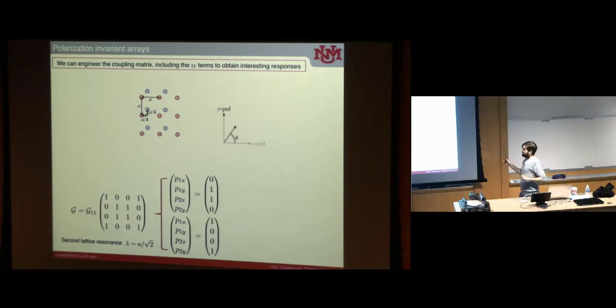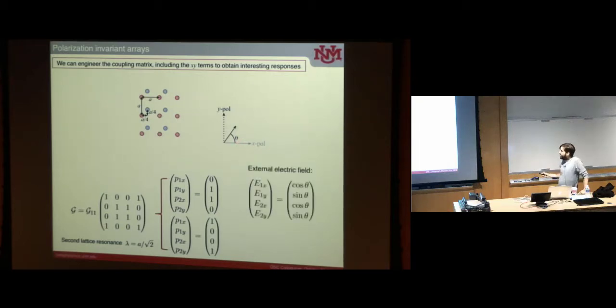And now imagine that I come with my electric field, normal incidence, but now I play with the polarization. I rotate the polarization of my incident field, and then I choose an angle theta with the x-axis. So this is essentially the field that I'm using to excite the system, written in the same kind of basis as this.